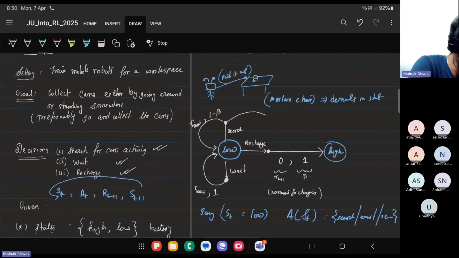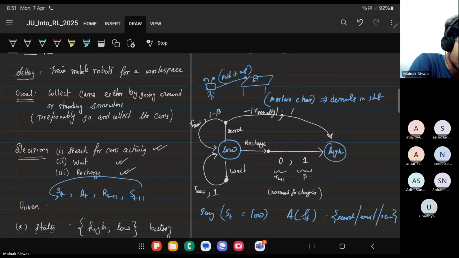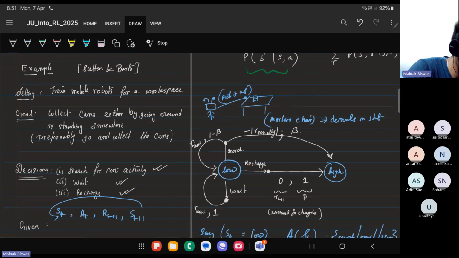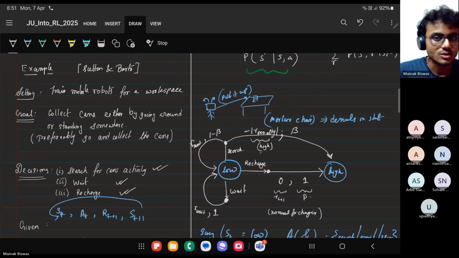So it will go to the high state with probability beta, but we will give it a very, very high negative reward, a penalty, because we don't want it to be dependent on humans, right? Fine with all of you? So the penalty will be a high negative penalty. Again, my screen has frozen, sorry.